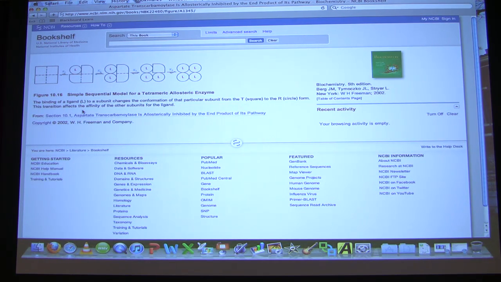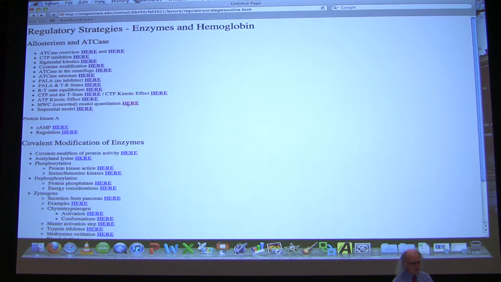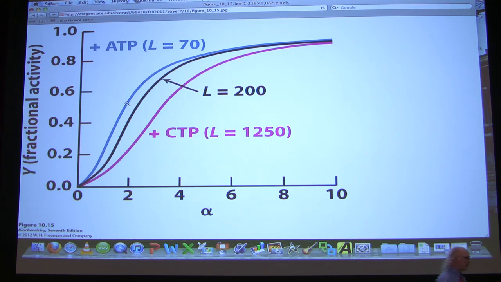All right? So that sequential model is sort of an intuitive one that we think about, but there are other ways of explaining cooperativity in hemoglobin and also control in enzymes. The second one that I want to talk about is called the concerted model. And the concerted model, I don't have a good one to show you here visually, unfortunately, but I'll have to describe it to you.